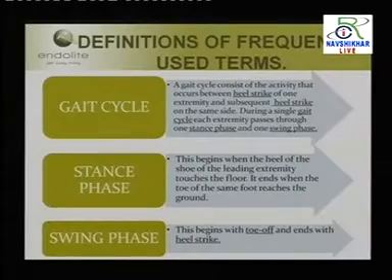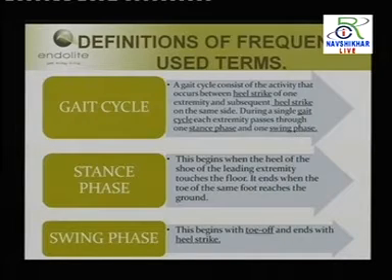They are basically the gait cycle, the stance phase and the swing phase. If you look at the slide, we have different definitions. The gait cycle is the number of steps, from the heel strike of one extremity to the heel strike of the same extremity. The stance phase is the weight bearing phase.